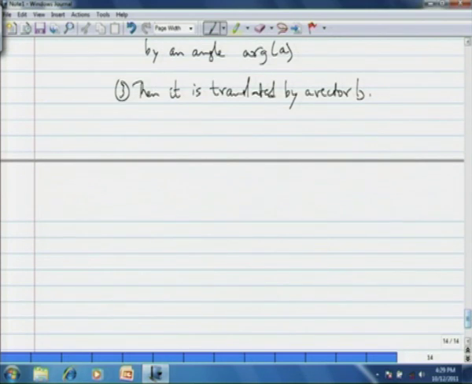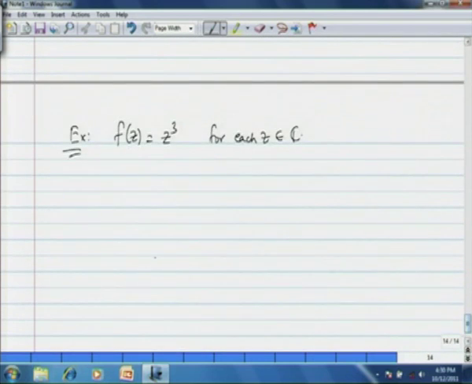So, let us see yet another example of visualizing this function. Here is the example of f of z equals z cube. This is a third degree polynomial, a simple polynomial, for each z belongs to C. In order to visualize this function, we will once again write z in polar coordinates, r times cosine theta plus i sin theta.